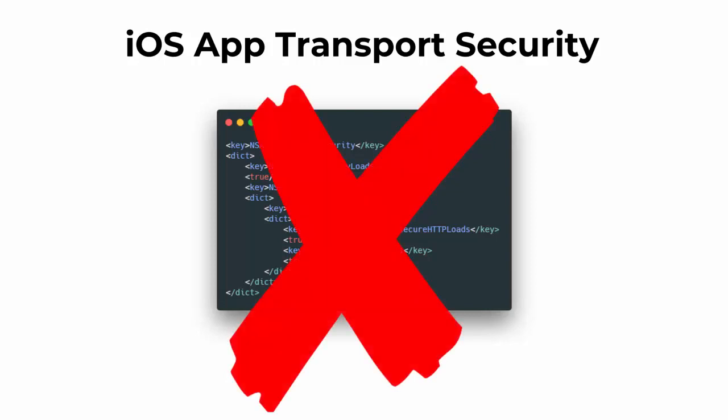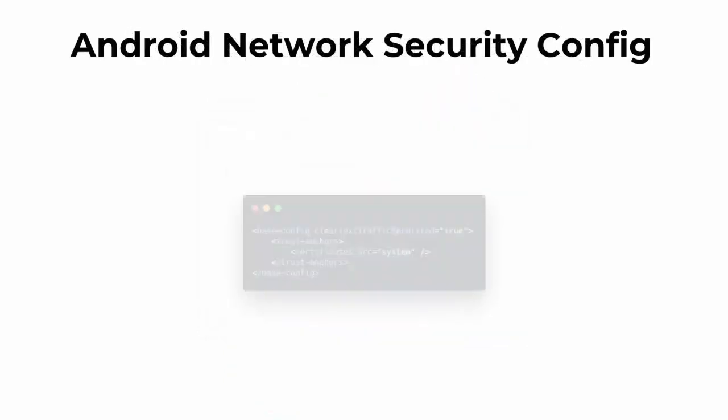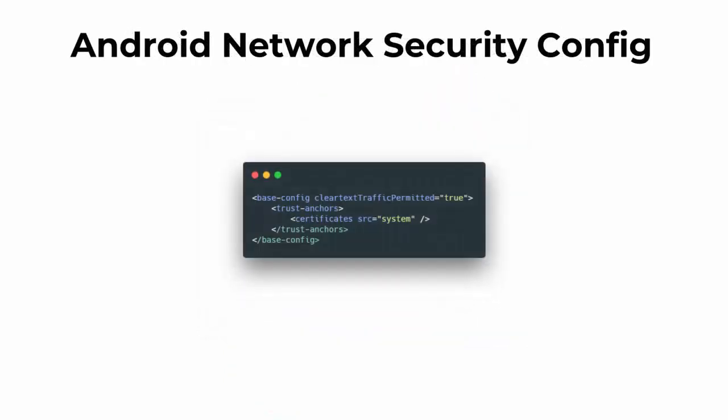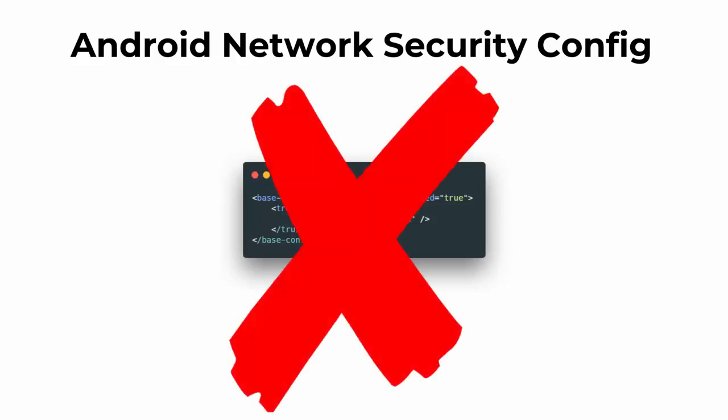In fact, with apps submitted to the App Store, you actually have to justify why you need to allow for arbitrary loads of unsecured data. Likewise, as I mentioned, Android finally forces this on any app targeting the Android 9 SDK. Yes, you can get around it with some tweaks to your network config file, but again, please don't.